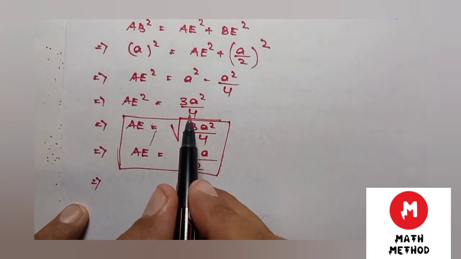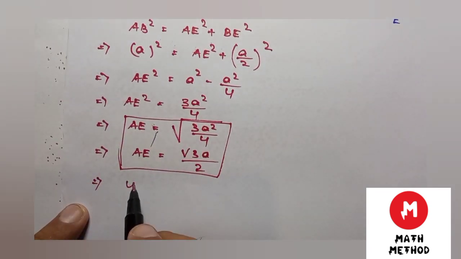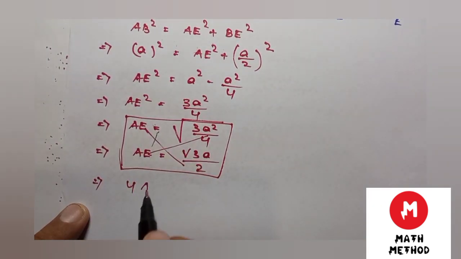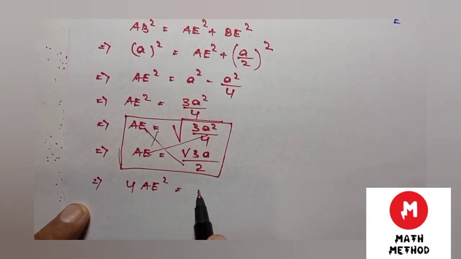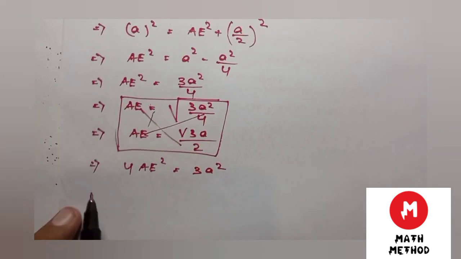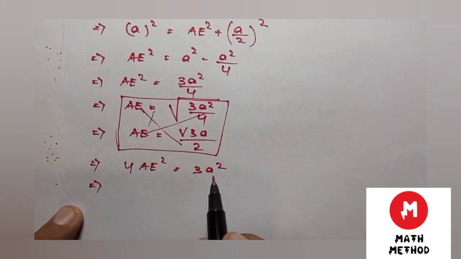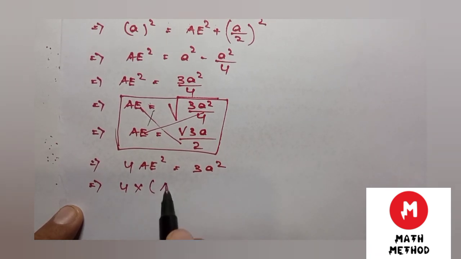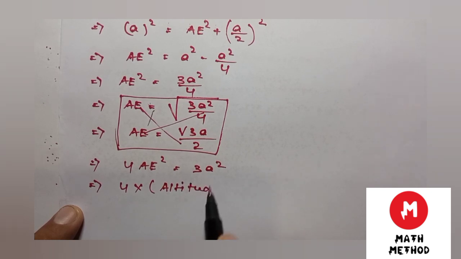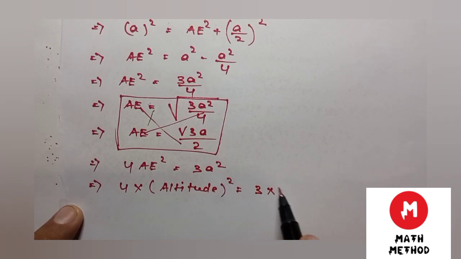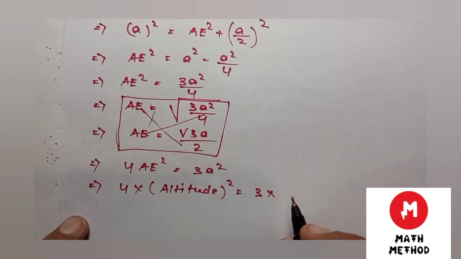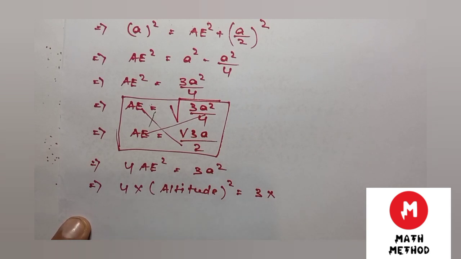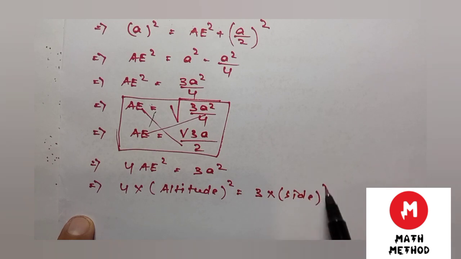Now cross multiply: 4 into AE square is equal to 3a square. So in place of a I will write the side, so 4 into altitude whole square is equal to 3 into side whole square.